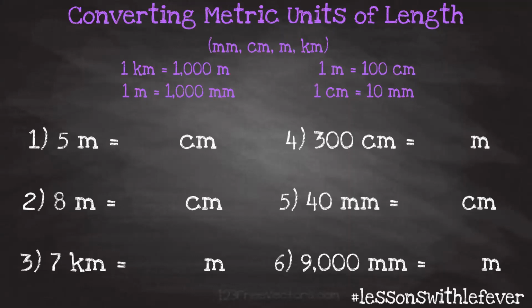I know that 1 kilometer is equivalent to 1,000 meters. 1 meter is equivalent to 100 centimeters. And 1 meter is also equivalent to 1,000 millimeters. And 1 centimeter is equivalent to 10 millimeters. Here we are working with the powers of 10, so it's taking us back to place value.